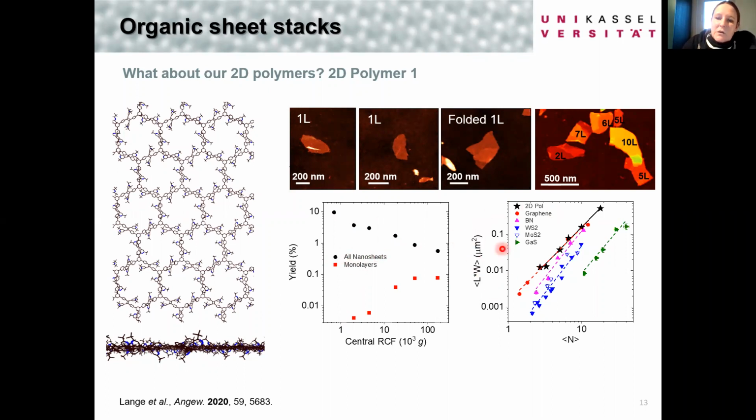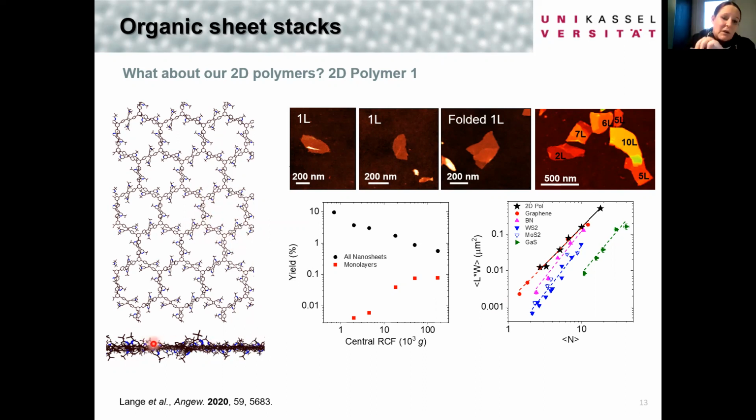And when we look at our graph where we plot the average area as a function of layer number, we see that this material is as exfoliable as graphite. So it has a similar characteristic monolayer length. And graphite so far was the record because it has such strong bonds, and we can understand this in the structure because we have a mostly sp3 carbon network.